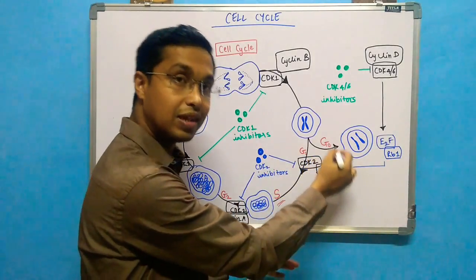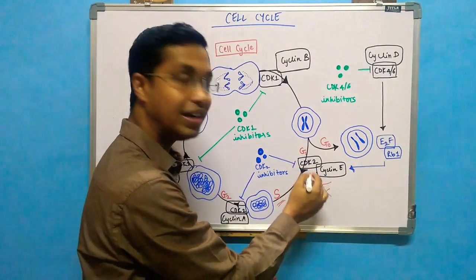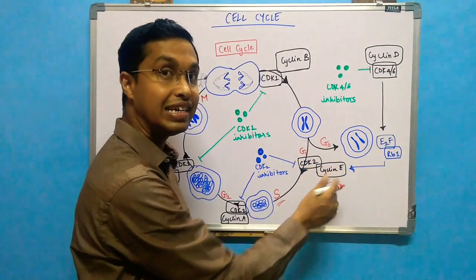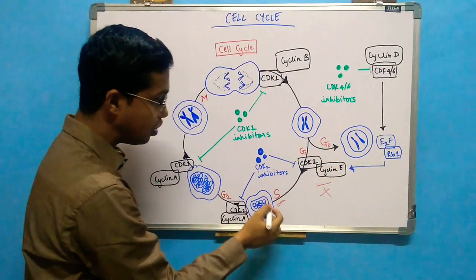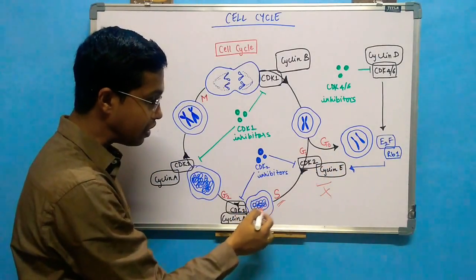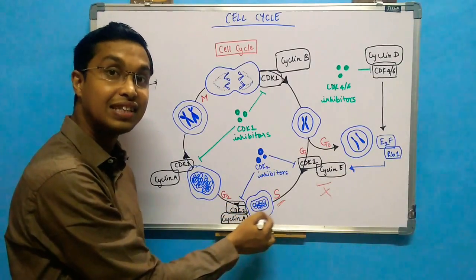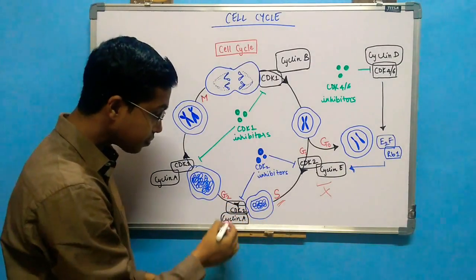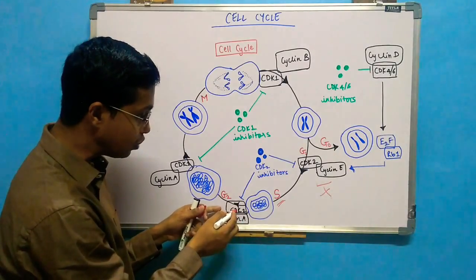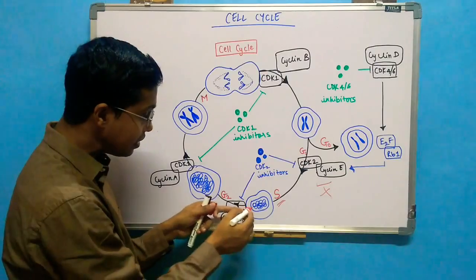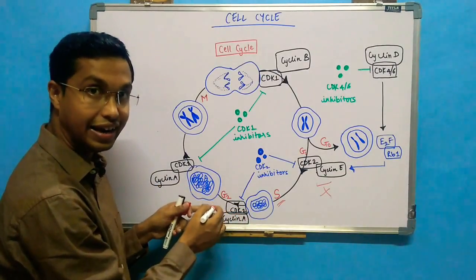Now, if this checkpoint is clear, when the concentration of CDK2 and cyclin E is proper, then the cell will move on to synthesis phase. It will undergo DNA synthesis, then it will move ahead. If the DNA synthesis is not proper, then the concentration of CDK2 and cyclin will not be enough, then the cell cycle will not move ahead.